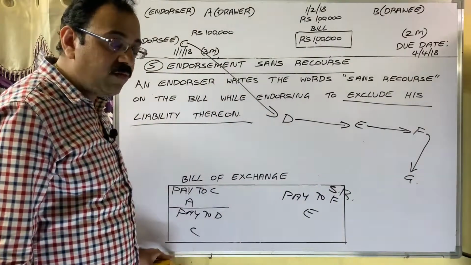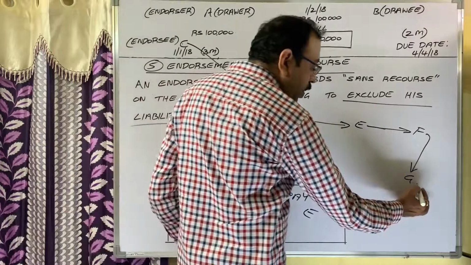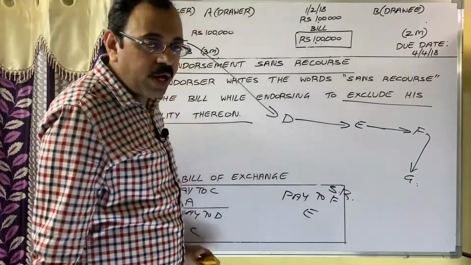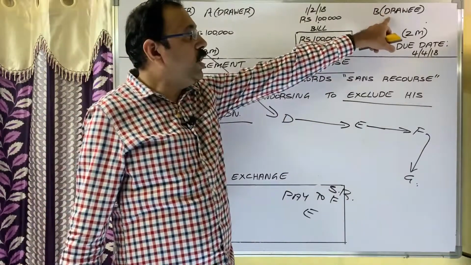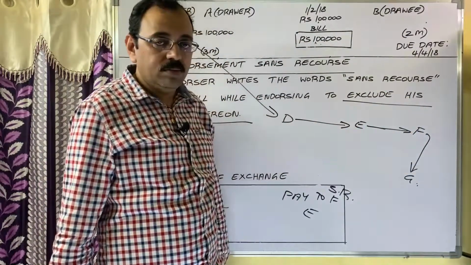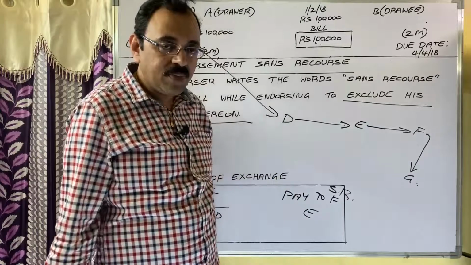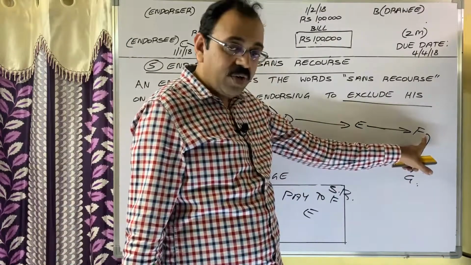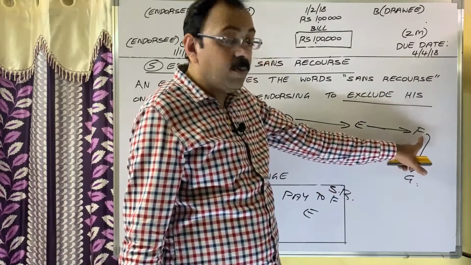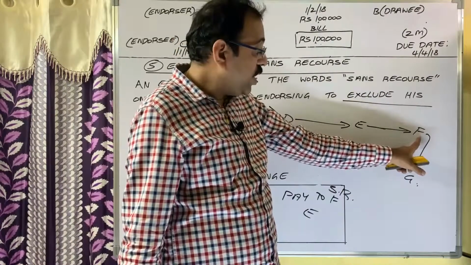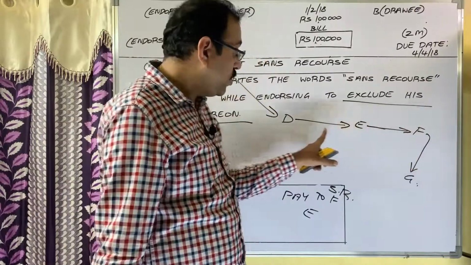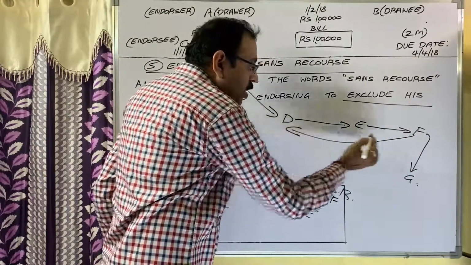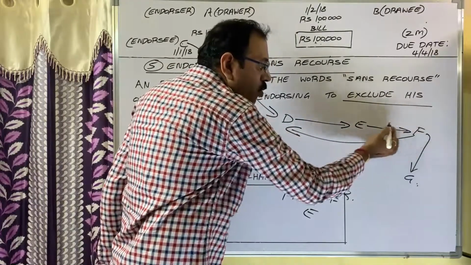Then what is the meaning of this? G went to B to collect the money on the due date. Assume B dishonoured that bill. B failed to pay the money. Then who has given this bill to G? F. So G can demand that amount from F. F can demand that amount from D. So who gave this bill to F?